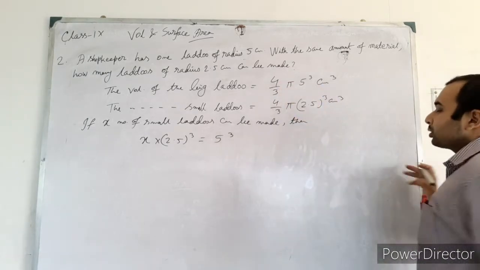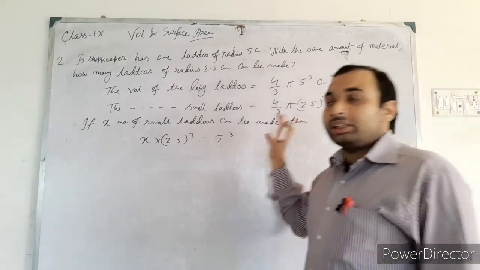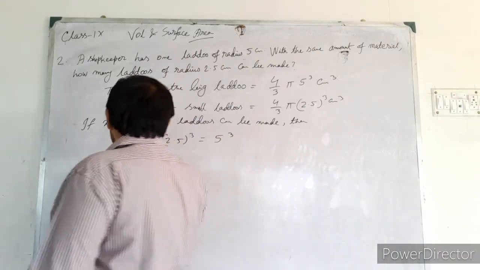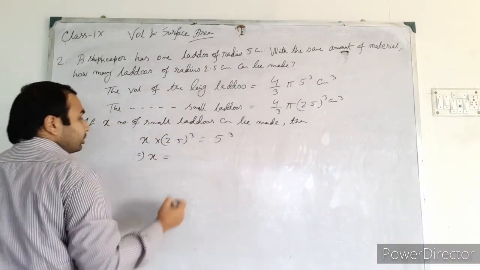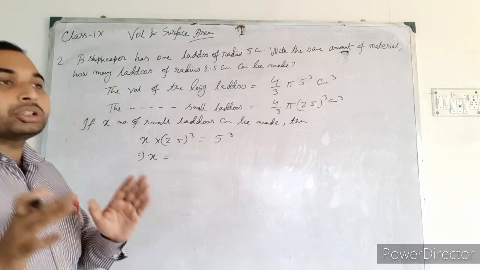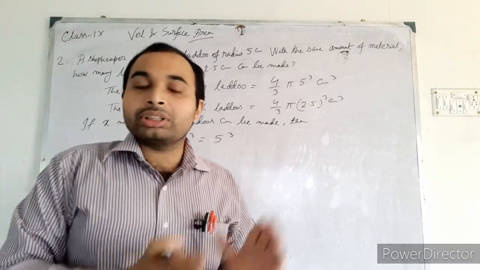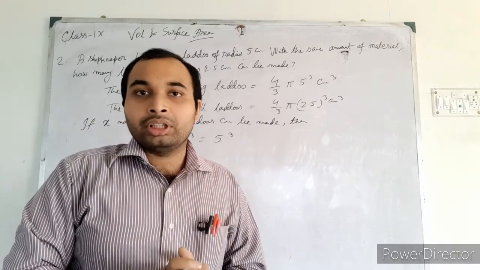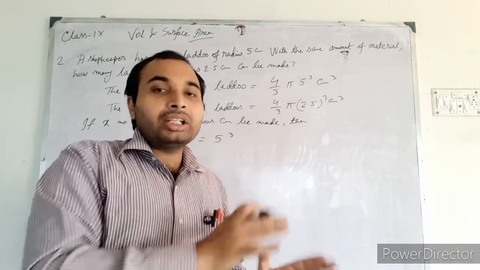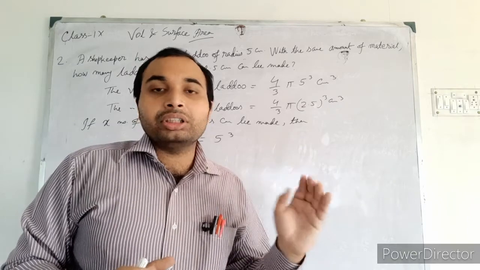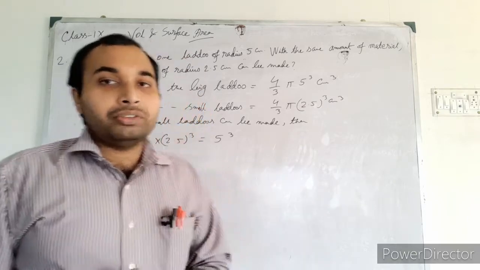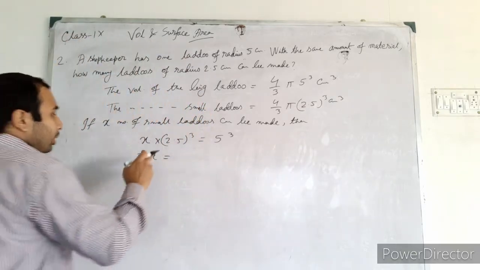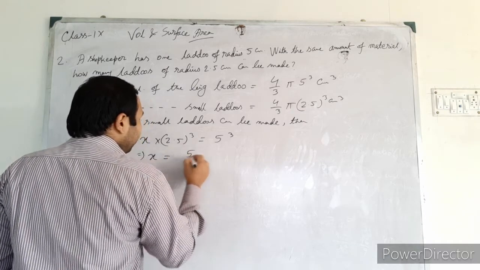So 4/3 pi and 4/3 pi will be cancelled out. Now you have to do the calculation smartly, because this chapter is all about smart calculation, how smartly and in how short a time you can do the calculations, then you will benefit. So here x equals 5.